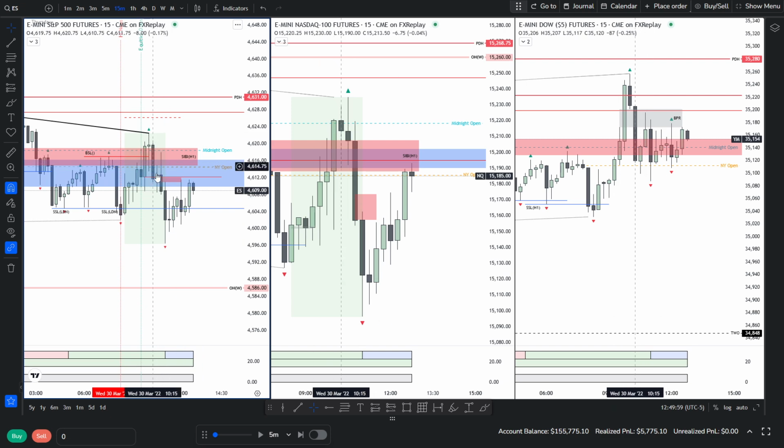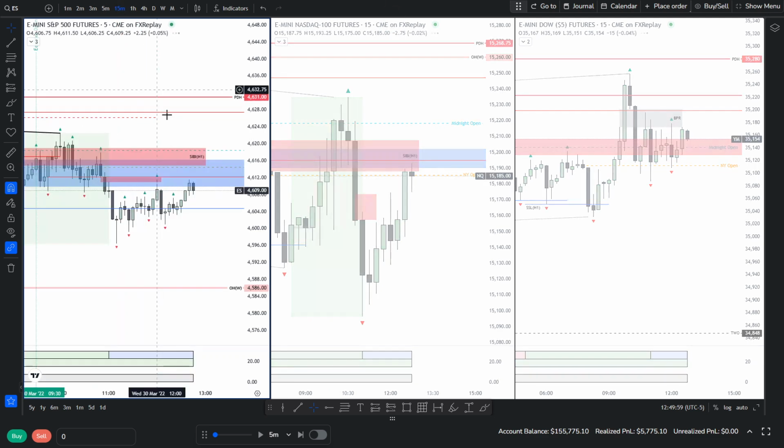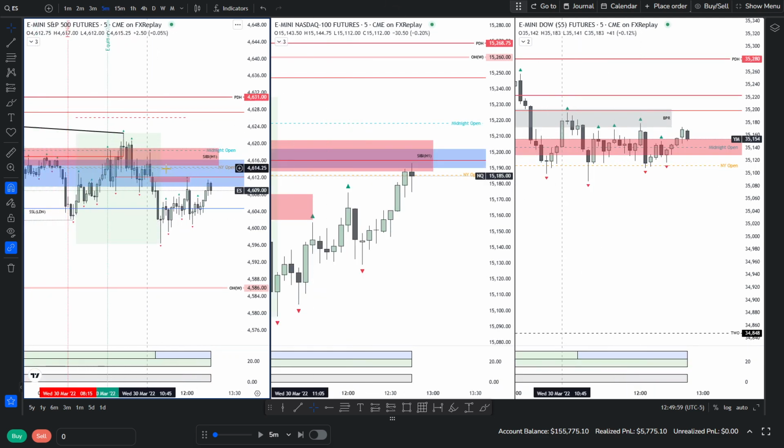But needless to say, we had that, looking for confirmation of lower prices, and then ultimately there was a SIBI here. Whether we would have got the actual trade itself here, because there was no imbalance, traded below, still no imbalance, it was probably a non-trade, but nonetheless, that was that.